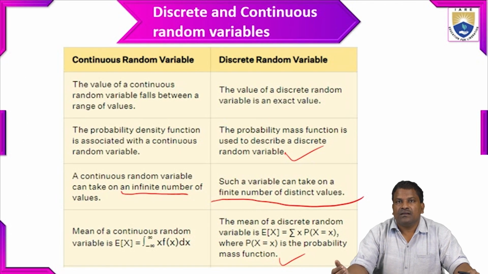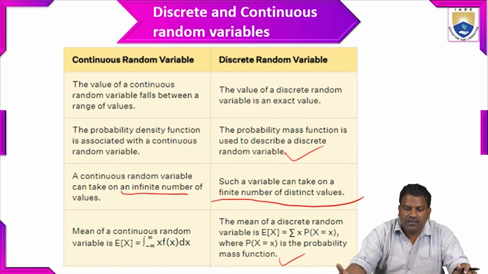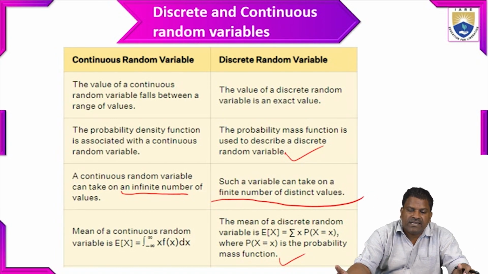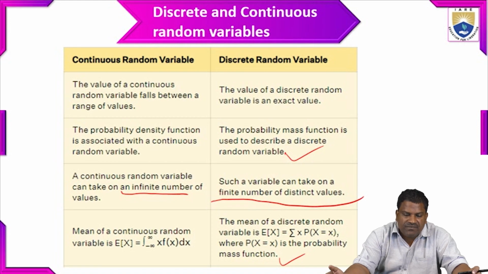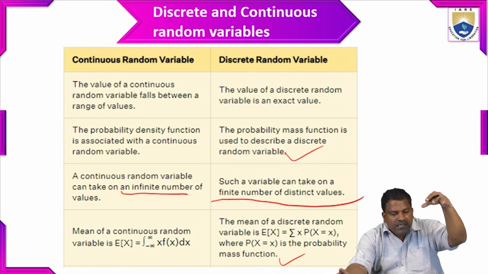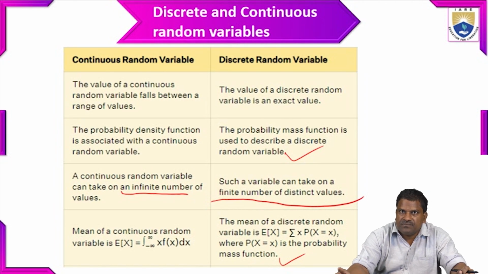So, overall, let us discuss once again the main differences between a continuous random variable and a discrete random variable. In a continuous random variable, the value falls between a range of values.